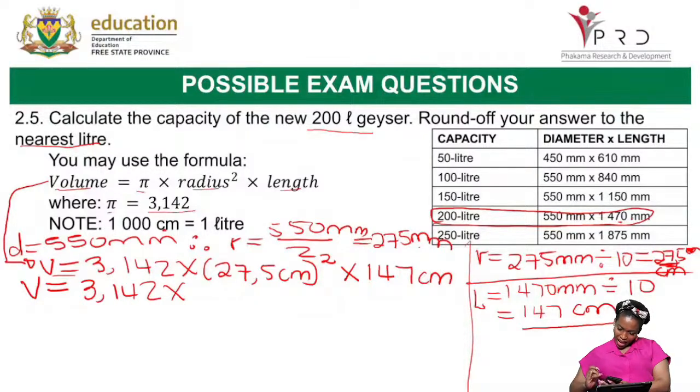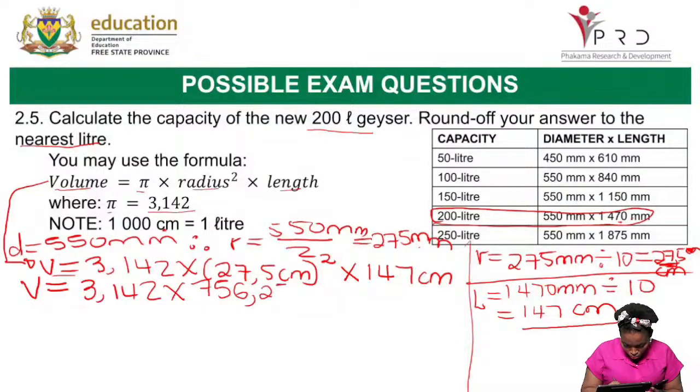The answer that I'm getting is 756.25 multiplied by 147. And then we do the math. You need to have a proper calculator.